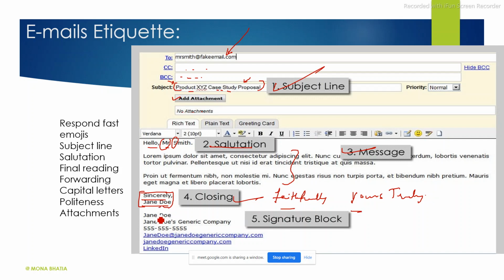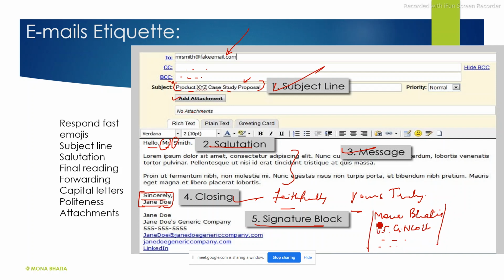See, again capital letter. Now signature block, sometimes you don't have to, signature block में क्या है, you can add your name and what is your designation: visiting faculty, Guru Nanak College, whatever. So this becomes a signature block.